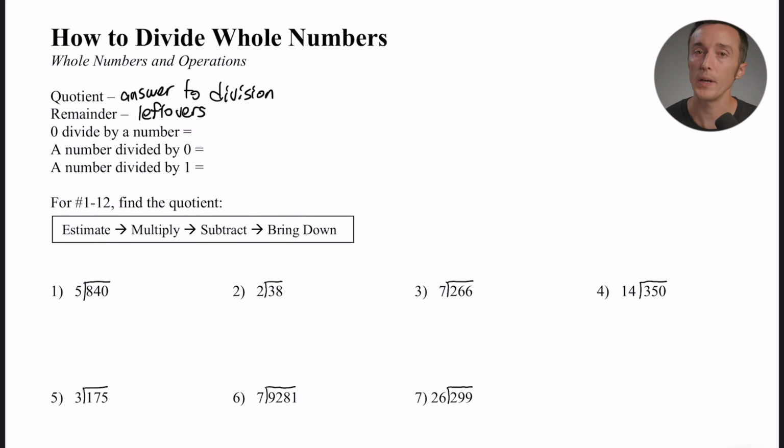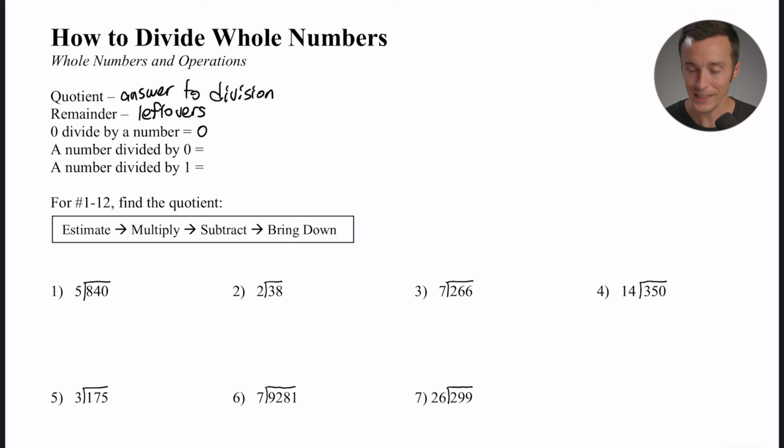Okay, I want to hit three things that are important to pay attention to while you're doing these division problems. The first is to remember what happens when you take 0 divided by a number. Well, 0 divided by any number is going to give you 0. So it could be 0 divided by a positive number, a negative number, a decimal. It doesn't matter. 0 divided by anything is 0.